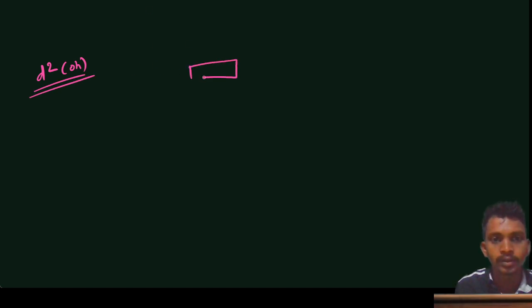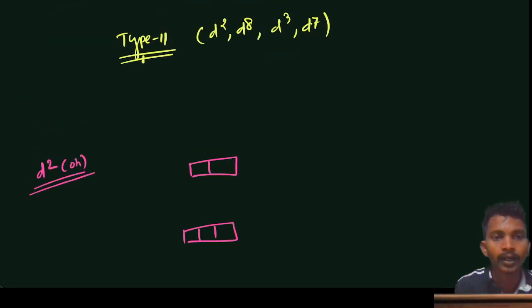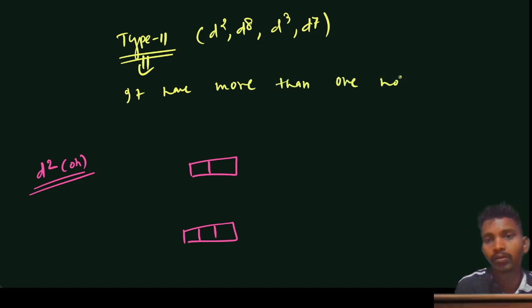So first we will discuss D2. Let's say this is for octahedrals. If I now draw it, then this will be 1, 2. And what we have seen is that this type 2 has more than one hole or electron transition.